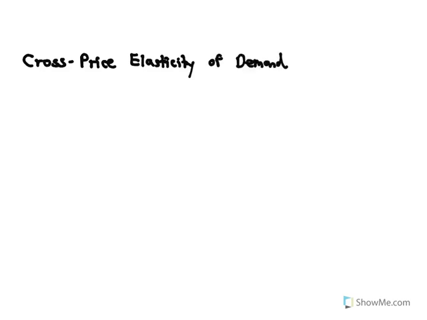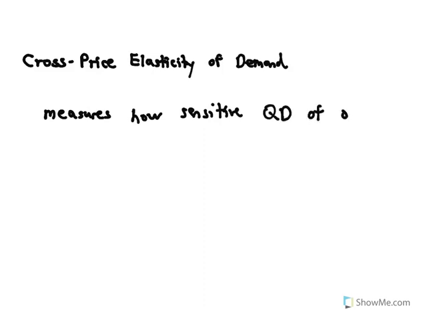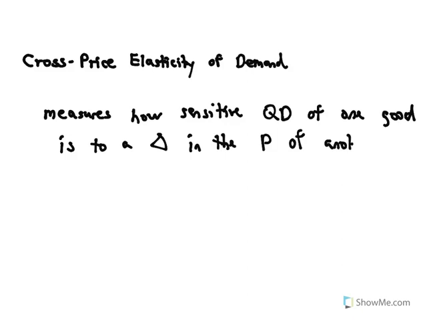And what this elasticity allows us to do is it measures, it's kind of a long definition here, how sensitive quantity demand of one good is to a change delta in the price of another good.